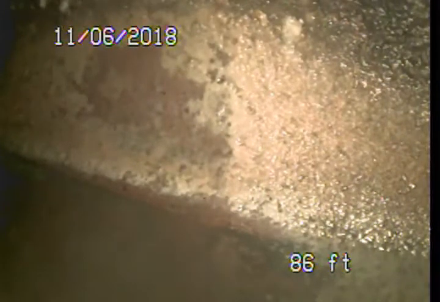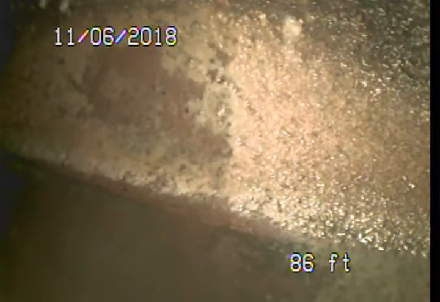Now, this main sewer line is a combination of several different materials. The line basically runs in a pretty much diagonal path from this point. It cuts through two other properties, meaning this line runs under two other properties, both to the right of the structure and also directly behind it.